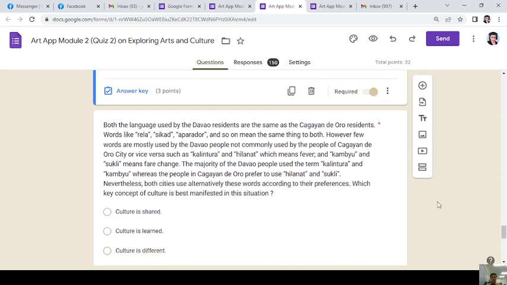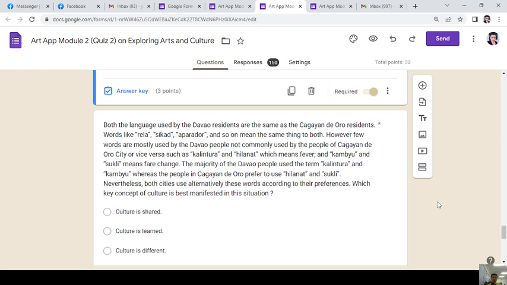Correct. Next, the language used by Davao residents is the same as that of Cagayan de Oro residents. Words like rela, sikad, aparador, and so on mean the same thing to both. However, a few words are mostly used by the Davao people and not commonly used by the people of CDO, or vice versa, such as kalintura and hilanat, which mean fever, and cambio and sukli, which mean change.